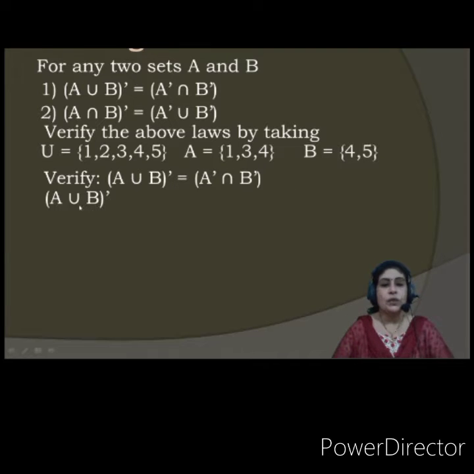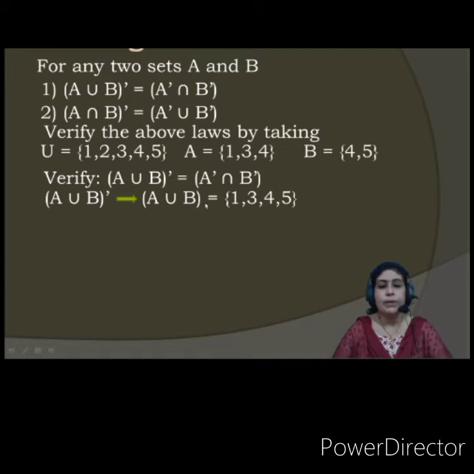First we'll take LHS, that is A union B complement, but for that first I should know A union B, right? So first we will find A union B. What will it be? All these elements, that is 1, 3, 4 and 5, from A and B. Now let us take the complement of this.